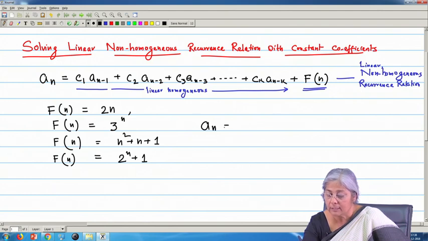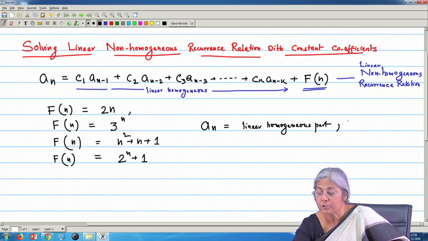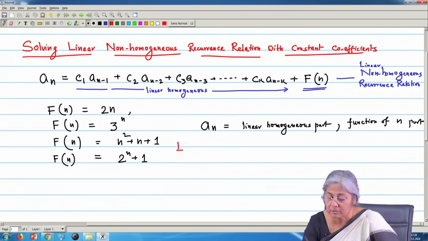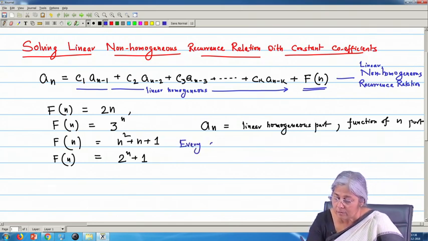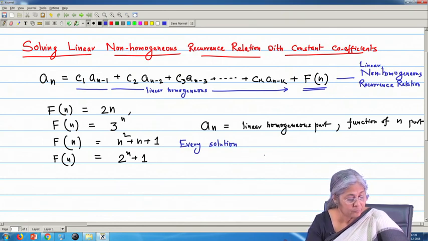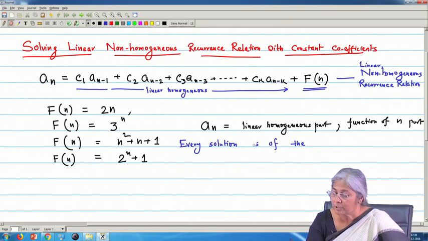I have a linear homogeneous part from the above equation, and we have a function of n part. So, every solution has two parts.